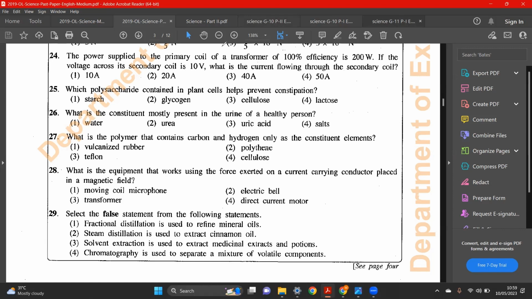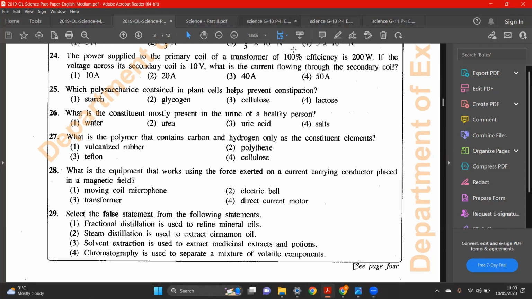They all help to prevent constipation. So why do you think a lot of these fibers consist of fruits like bananas and mangoes? Because you have a lot of cellulose in there, because they're from plants. We know plant cells have cellulose. So these plant products have a lot of cellulose in them. So cellulose helps to prevent constipation. Why? Because it's a good fiber. Okay, so therefore, it's the third option, cellulose.